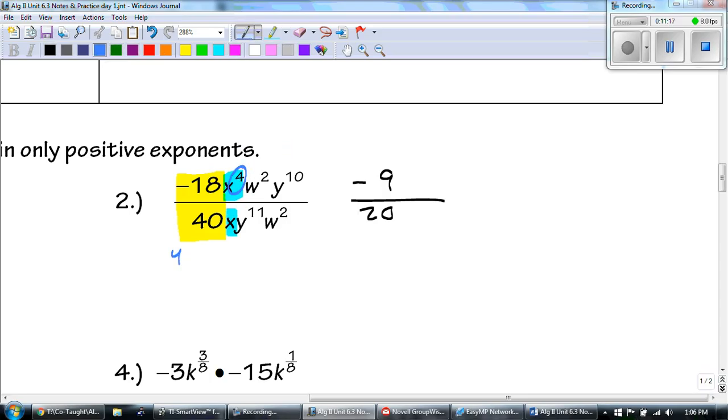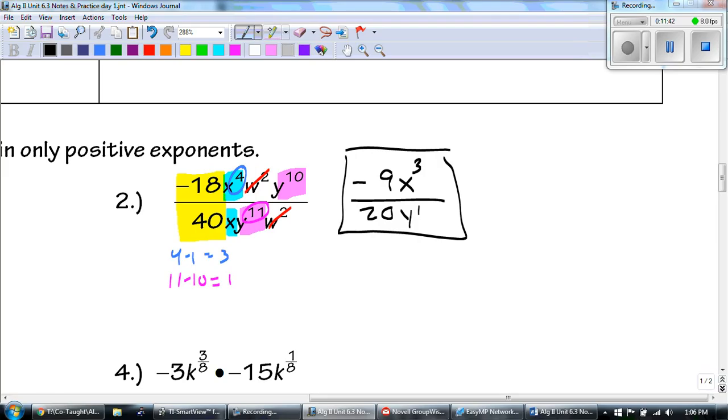The top wins by 3. So I have x cubed on top. Looking at my y's, the bottom wins by 1. So I have y to the first, and then w squared and w squared, those cancel out. So this is my final answer.